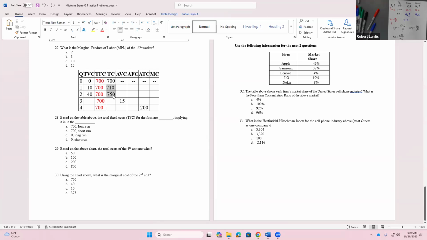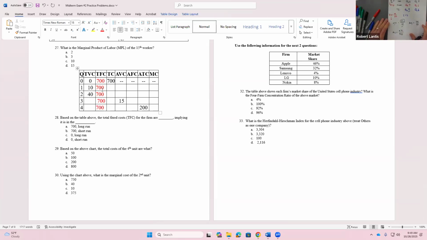So let's say I didn't give you the total costs, and I only gave you variable costs. Let's say I didn't want to use that total cost column. I don't want to come up with any additional work. When we're looking at the change in total cost, do fixed costs ever change? They were always 700, right? That column was always the same.